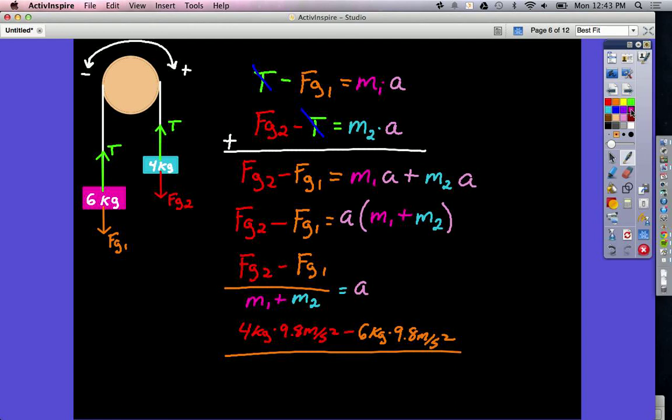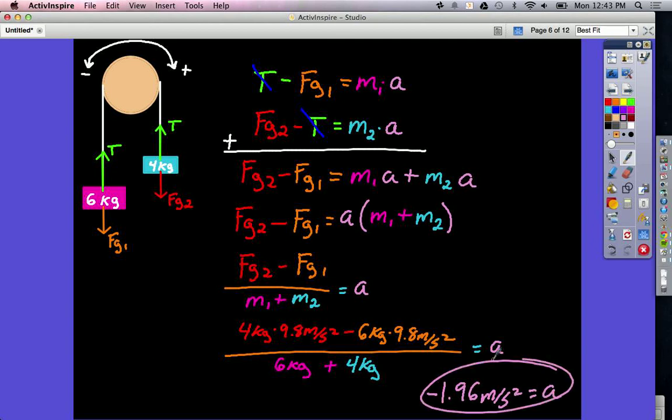And I divide that by my masses, which are 6 kilograms and 4 kilograms. And all that should give me the acceleration. When I plug that into my calculator, I get negative 1.96 meters per second squared for my acceleration. The end.